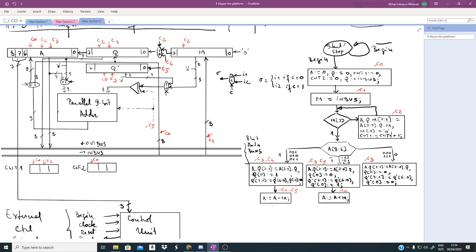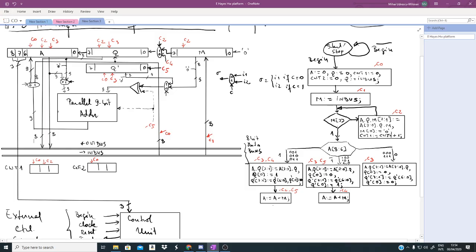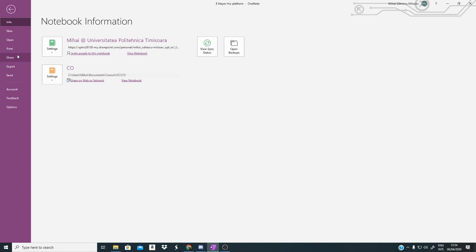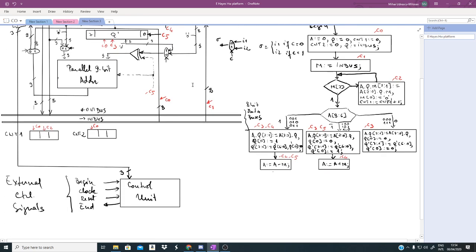Okay, so now everything is in order. We'll finish this next week. We'll pick things up where we left them. Next week we have this drawing and we'll finish it.